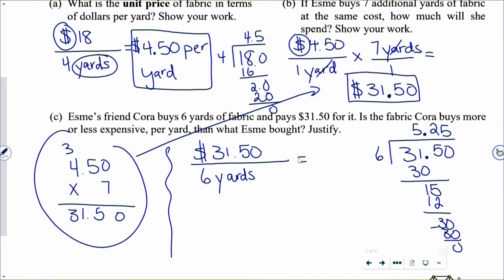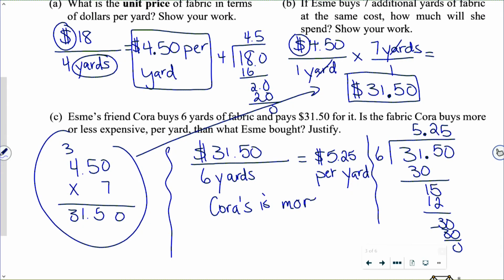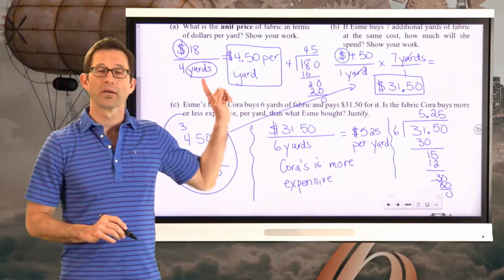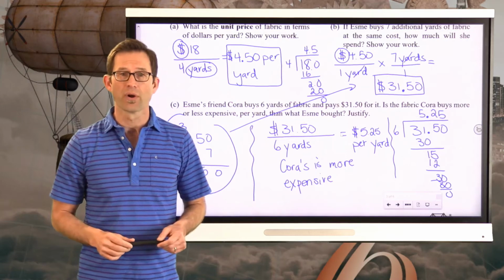So Cora is paying $5.25 per yard, which means Cora's is more expensive, right? She's paying $5.25 per yard, whereas Esme was only paying $4.50 per yard, right?